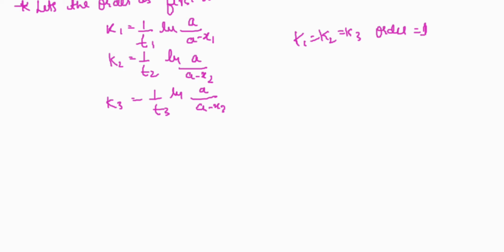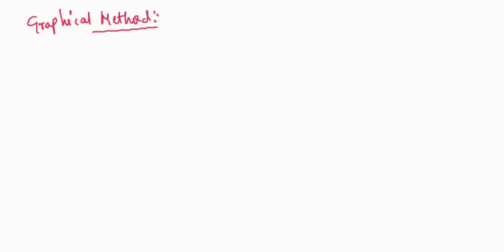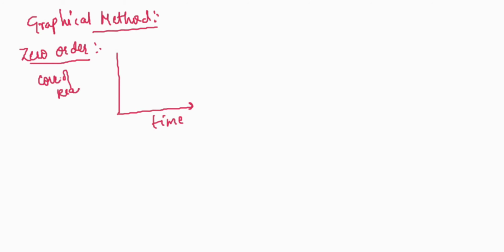Now let's talk about another method to determine, that is known as the graphical method. In the graphical method, first we will see what the curves are for a zero order reaction. If we draw concentration of reactant versus time, we will know it is gradually decreasing with a linear curve.